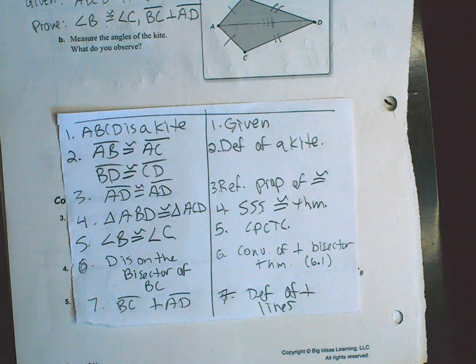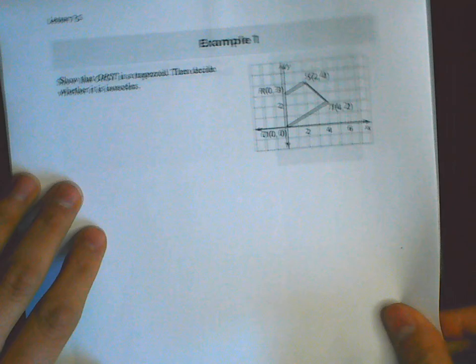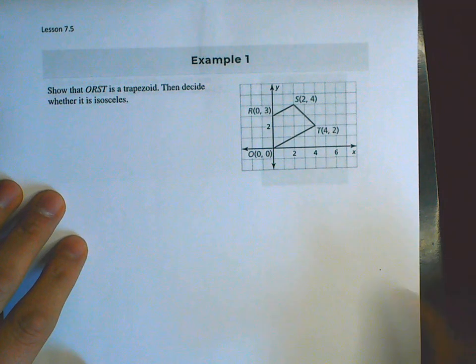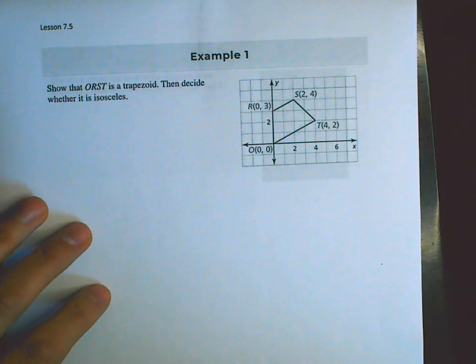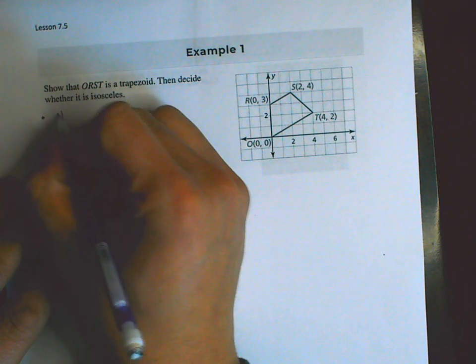All right. So let's go ahead and do the examples. Let's look at the first example. It says, show that ORST is a trapezoid, then decide whether it is isosceles or not. First things first, let's check to see if it's a trapezoid.